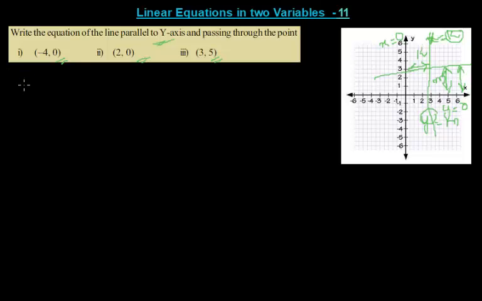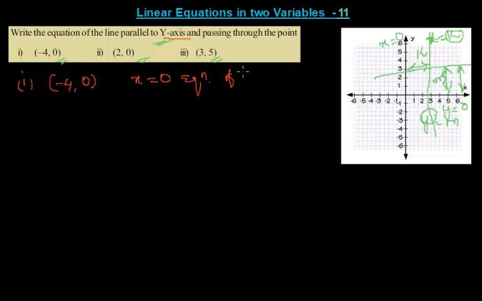The first point is minus 4, 0. Now, first thing we have to understand is when y-axis is given, the equation of y-axis is x is equal to 0.